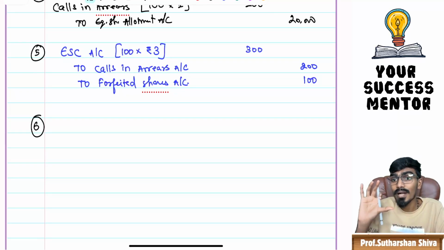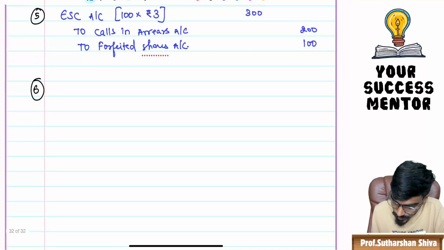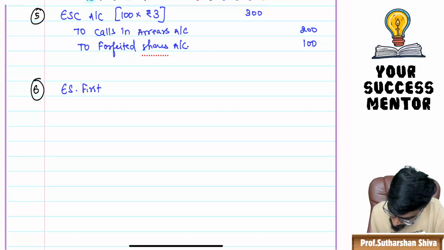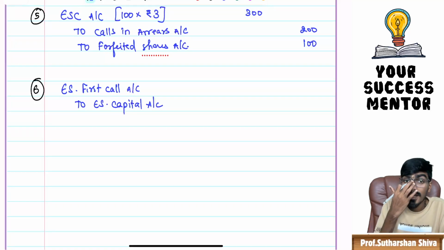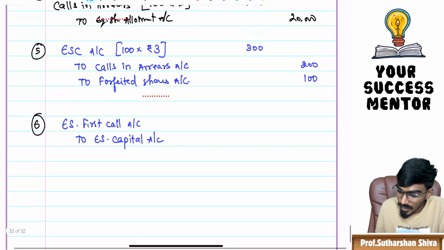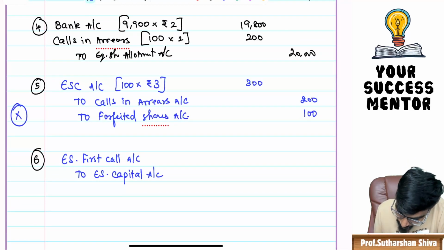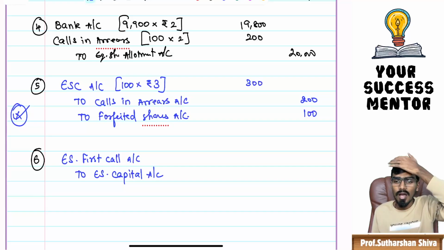For the first call money due, what is the entry? Equity share first call account debit to equity share capital account. Listen, when it comes to equity share capital, you should be very careful. Hereafter, Ram's 100 will go out, correct? Yes, sir.